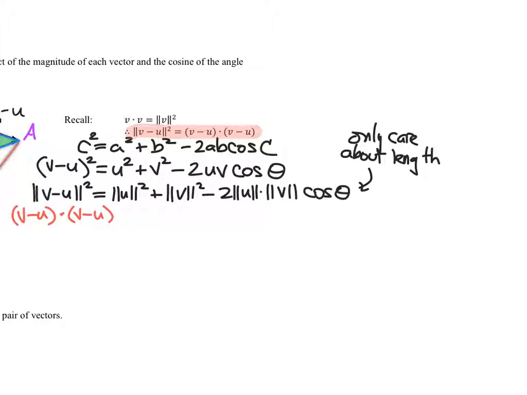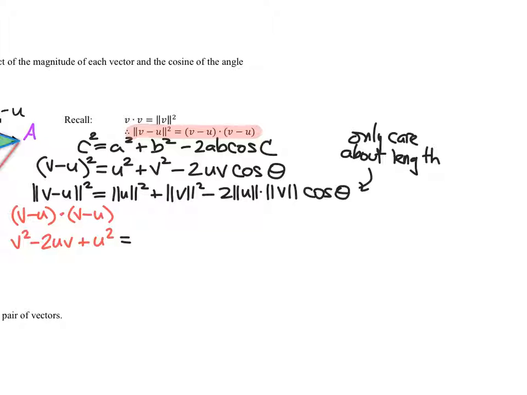Just ordinary algebra, distributive property: V squared minus 2UV plus U squared. That's going to be equal to the right-hand side.